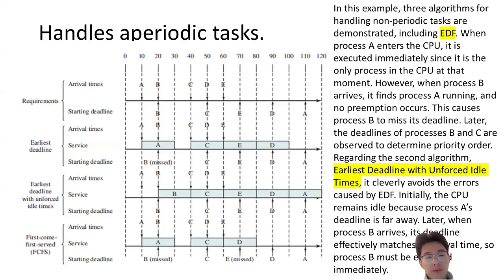Here you can see if we use earliest deadline, process B will be missed. But if we use earliest deadline with unforced idle times, it's not missed. Process B is not missed.